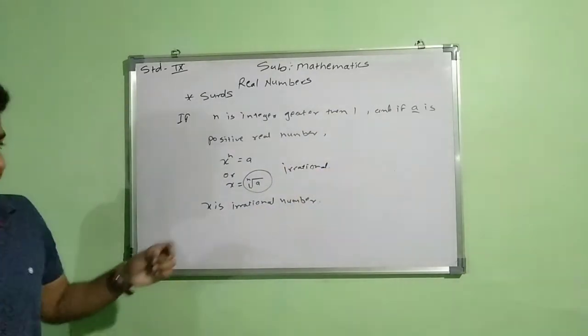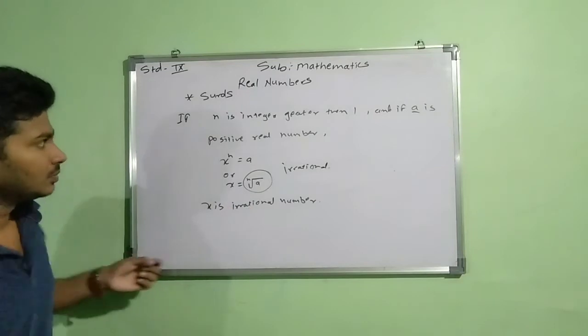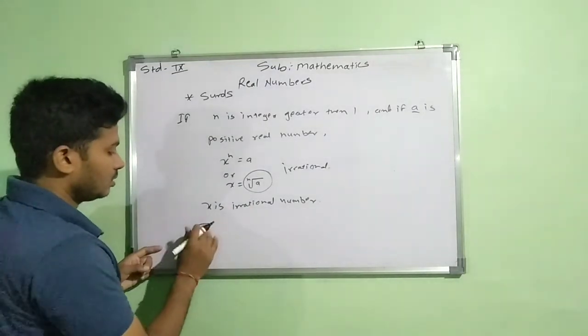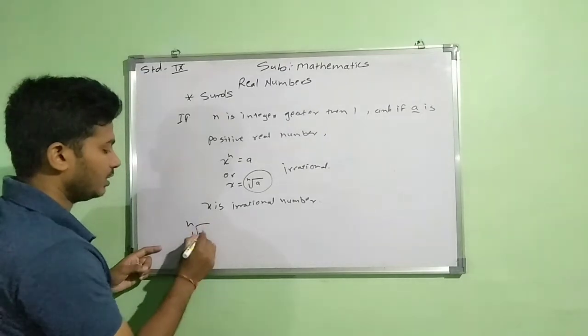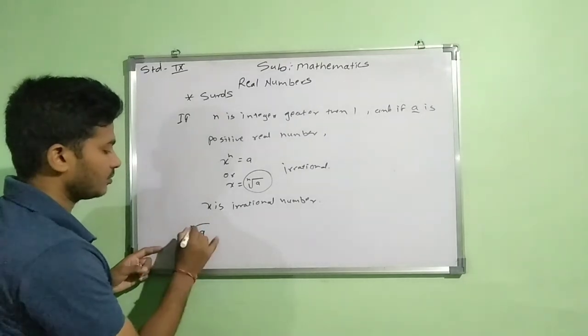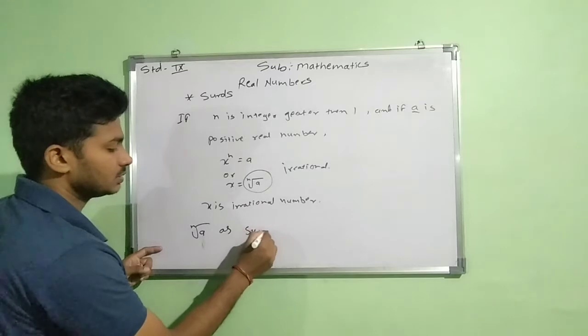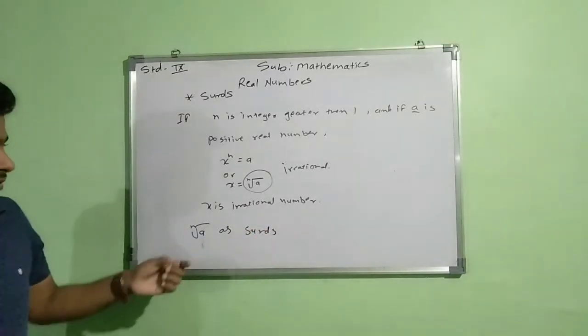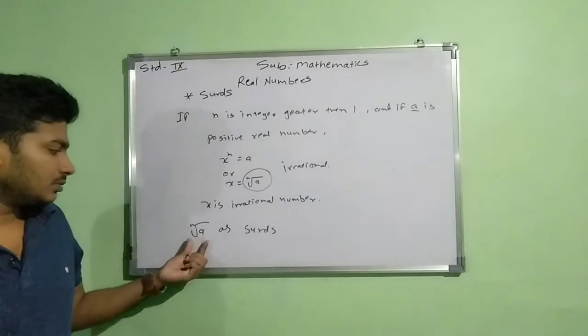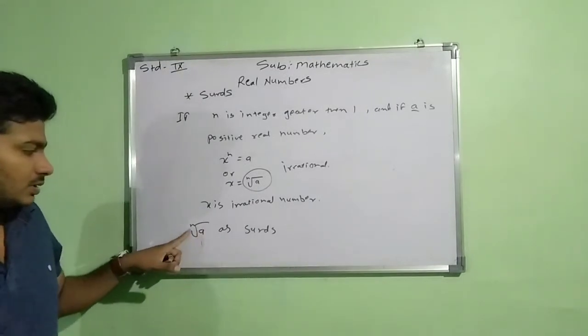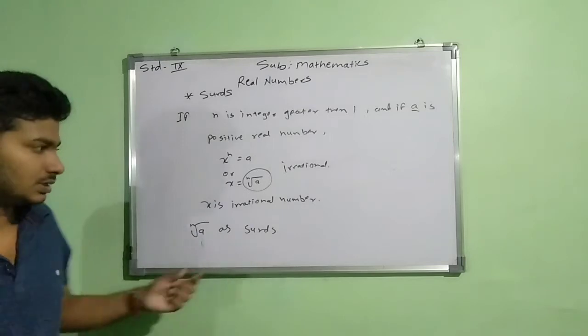If that value is irrational, at that time we can call the nth root of a a surd.